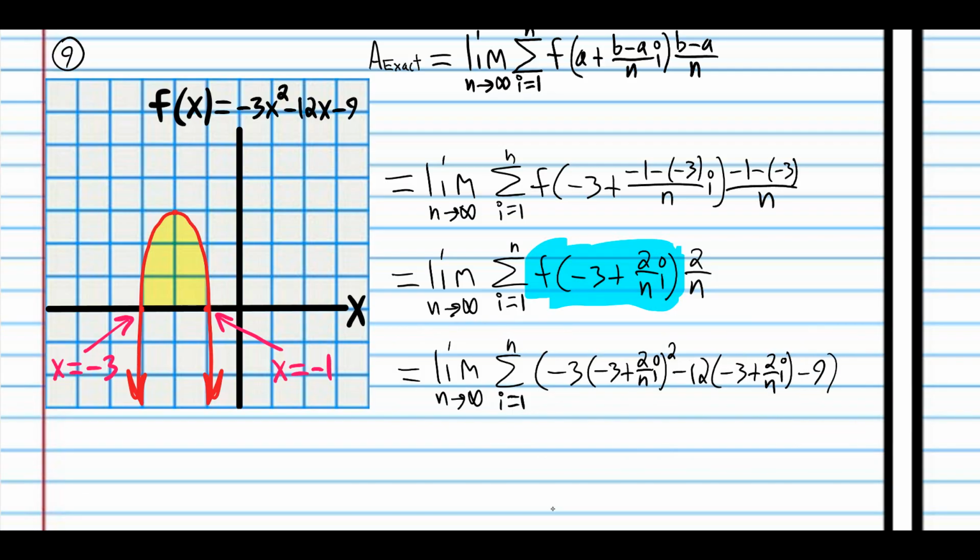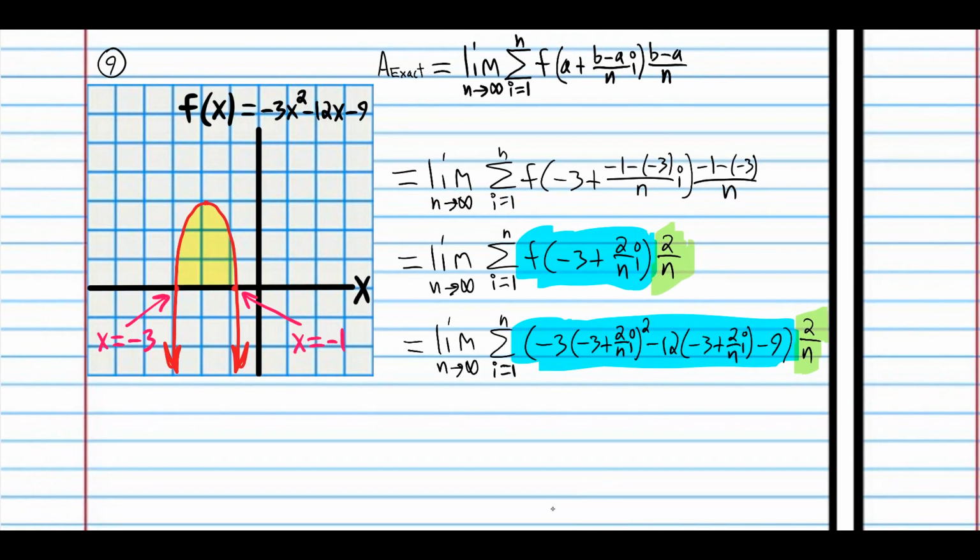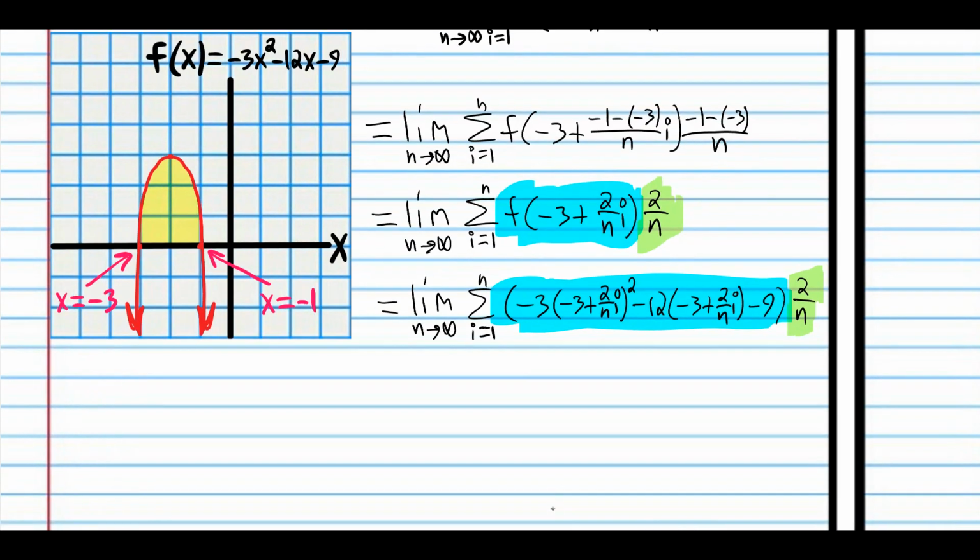And all that's going to be multiplied by 2 over n. So all that changed into this. And we still have our 2 over n out there. So let's double check, make sure we did this correctly. Okay, so let's continue to simplify.